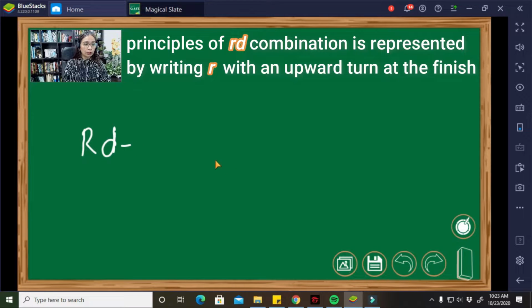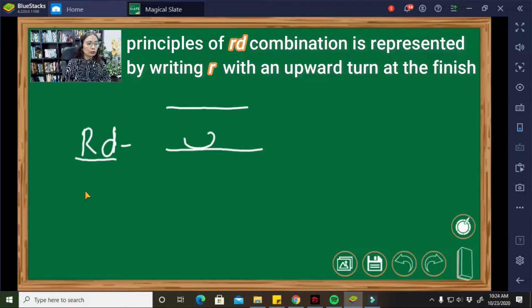Meaning to say, this is your R, the upward turn at the finish is this one, that is your D. RD. That is how we are going to join the R and D.